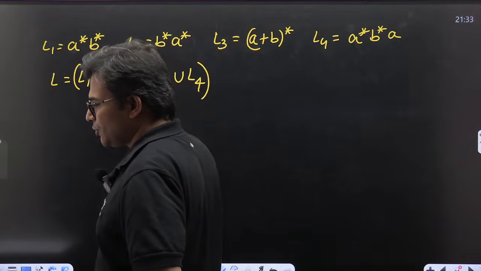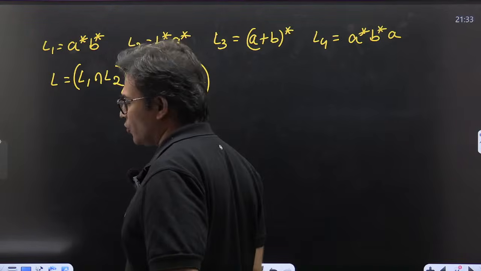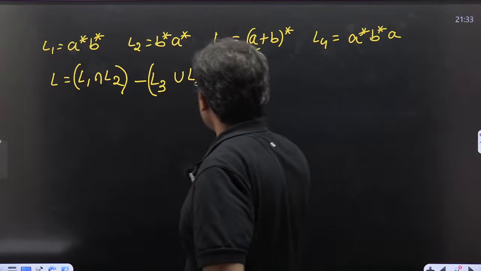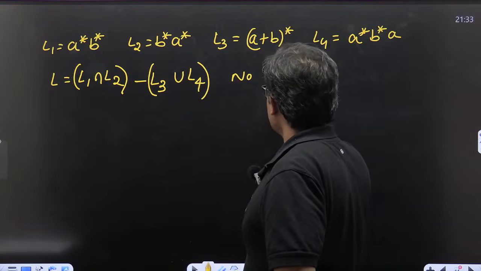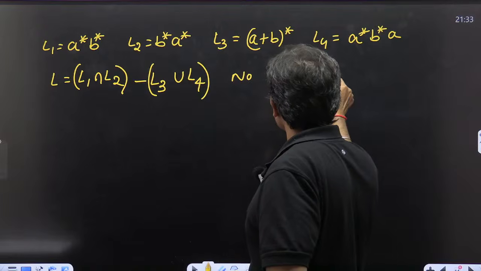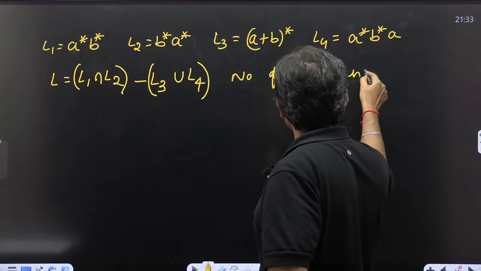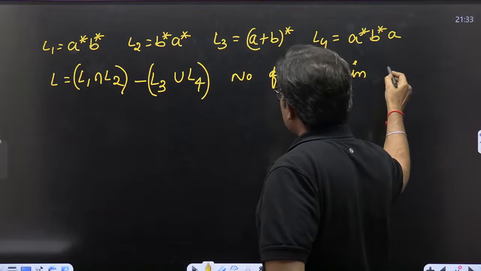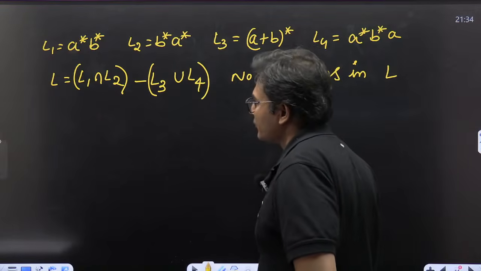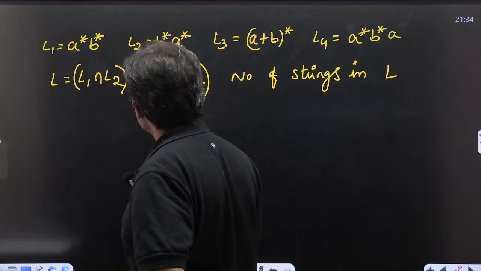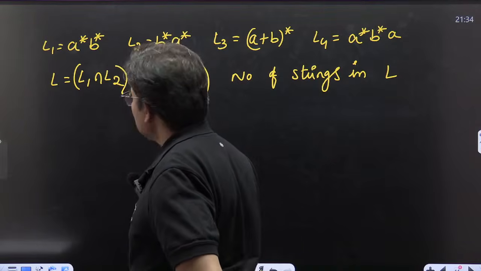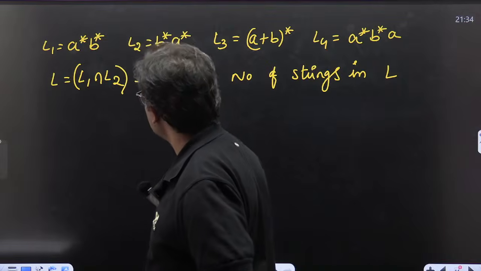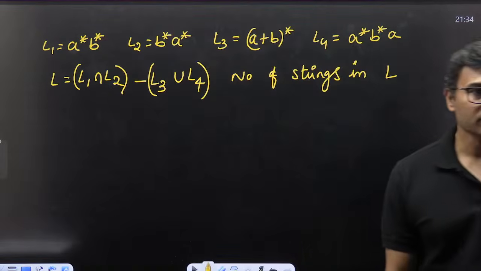Now, what is the number of strings in this language L, that is, (L1 intersection L2) minus (L3 union L4)? Answer this.